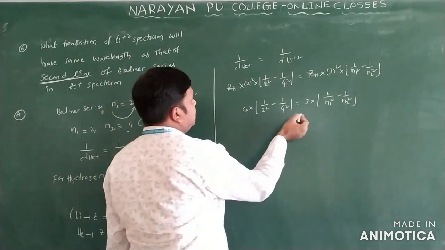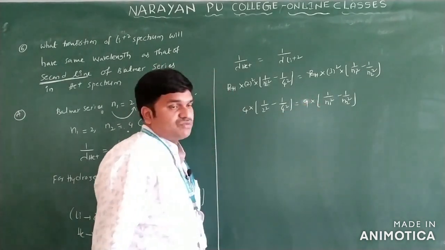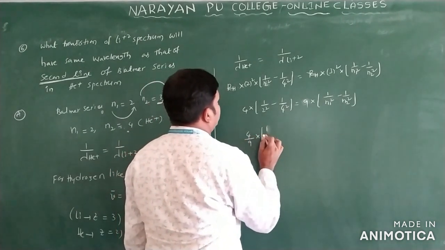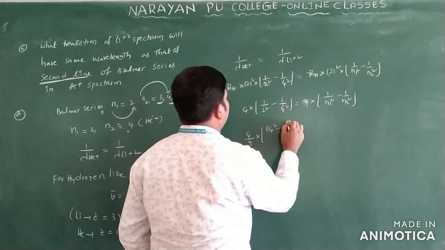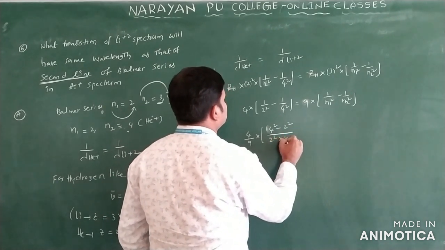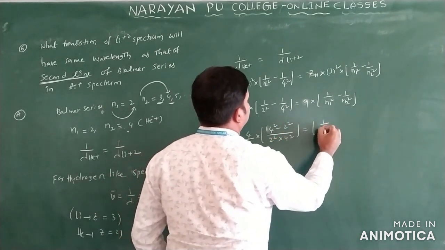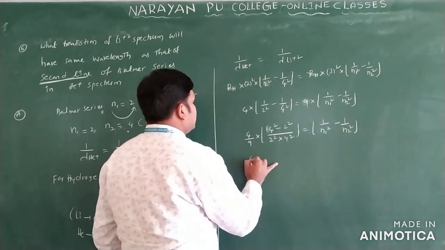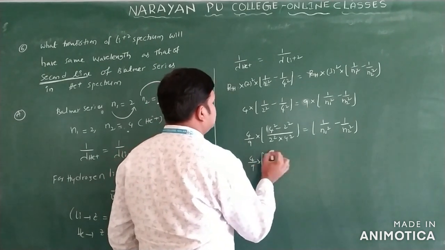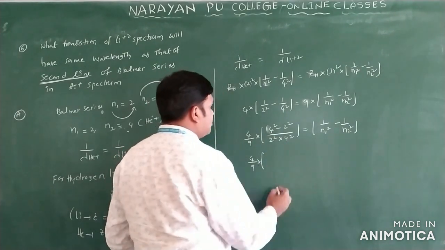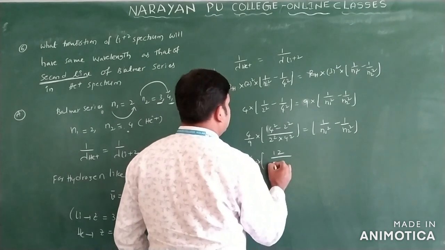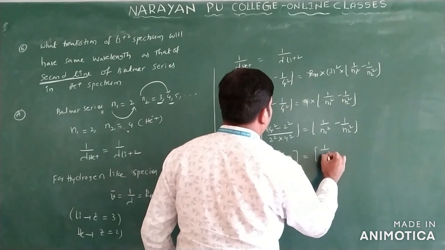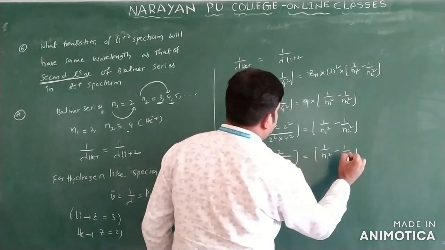Now we'll see here, this is 3 square, 9 only. I will write this one 4 by 9 into, if you do the LCM, what you will get here, 4 square minus 2 square by 2 square into 4 square, that is equal to 1 by N1 square minus 1 by N2 square only. So here 4 by 9 into 16 minus 4, which is 12, by 4 into 16, that is equal to 1 by N1 square minus 1 by N2 square only.